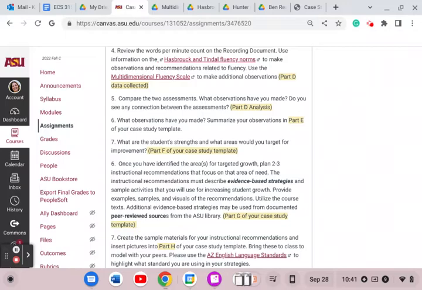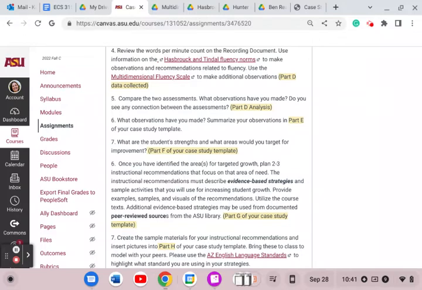So thinking, can they decode? Do they need more help with sight words? Do they need more help with comprehension? Can they read words, but do they not remember? Thinking, and if you don't know, go back, look it up, do some research. So I cannot come up or tell you exactly what to do, but they can be simple strategies that you would do with the child, and they need to be evidence-based.